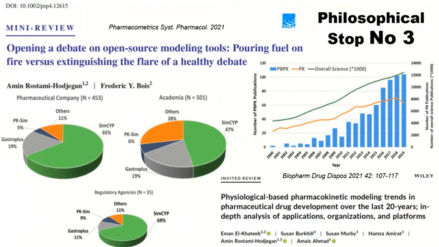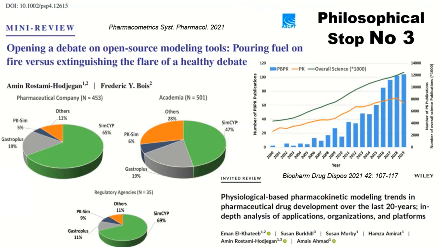As you can see from the graphics on the right-hand side, it was immediately obvious that the PBPK growth of more than 40-fold over that period of 20 years was much higher than what was happening with classical PK, with a growth of around 4-fold, aligned with the general increase in the size of scientific publications.